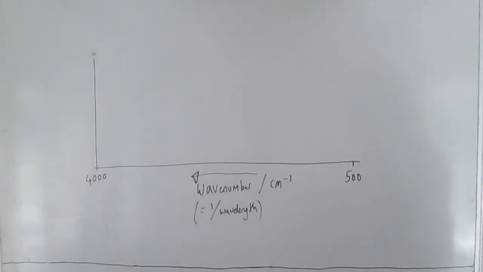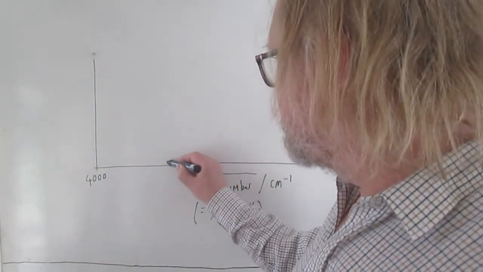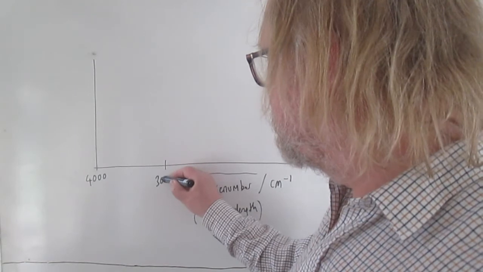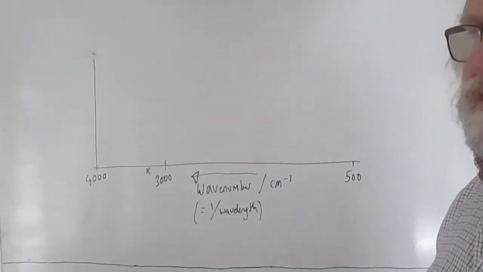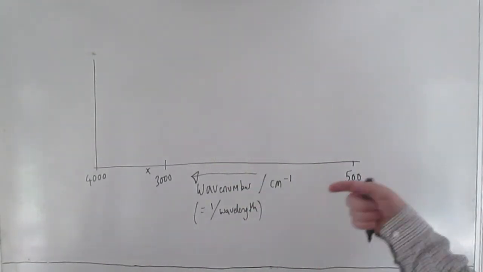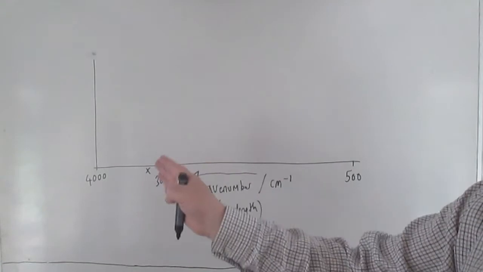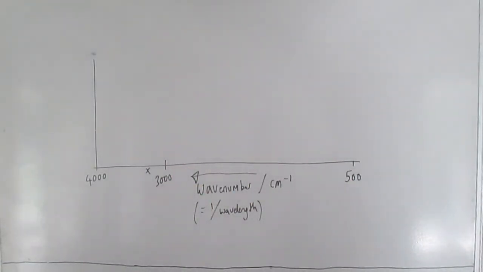It seems really weird to start with, but you quickly get used to it. But you need to be careful, because if this is 3,000 here, and you see a peak there, you have to be careful not to think that's slightly less than 3,000, because, going this way, it's slightly more than 3,000. That does take a bit of getting used to.